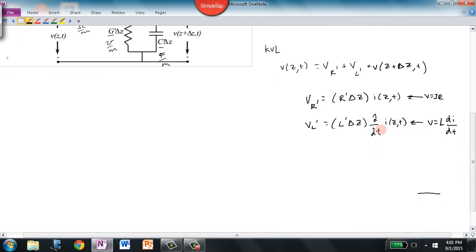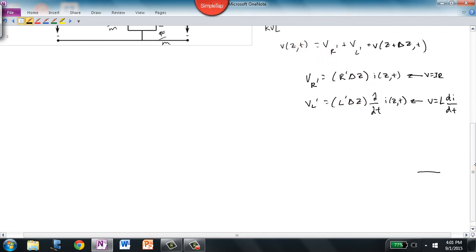So we can substitute these statements into our KVL, and I will do that. So we have V of Z comma T, the input voltage, the voltage across the input end of the transmission line, is equal to the voltage drop across the differential resistive element, which is just the total resistance times the current.